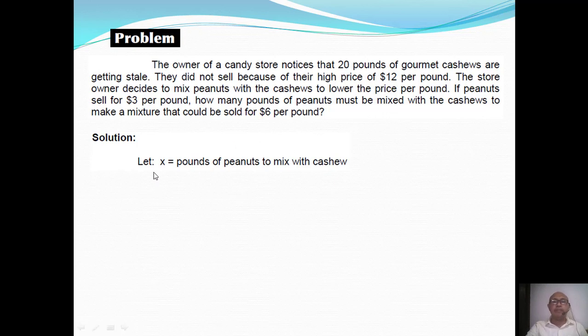So in this problem, let x equal the amount of the peanuts to be mixed with cashews in pounds.